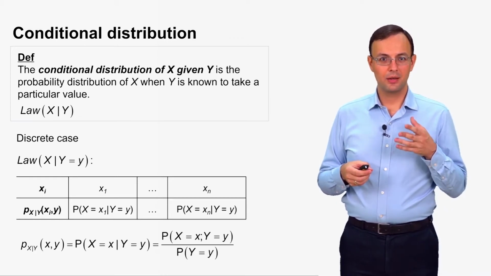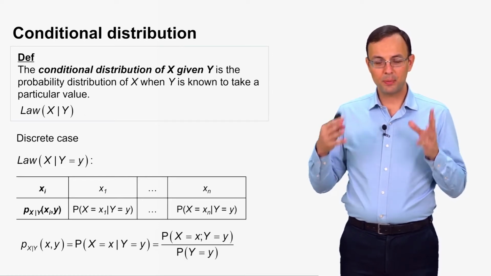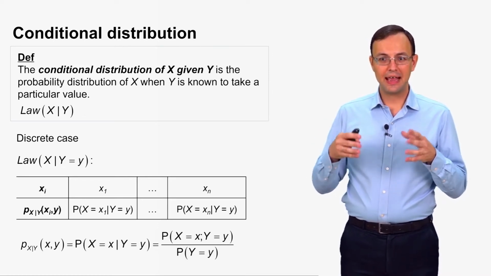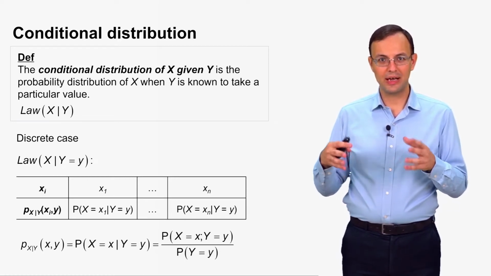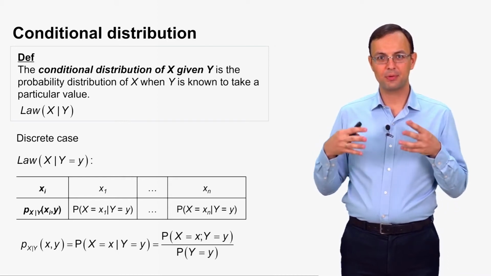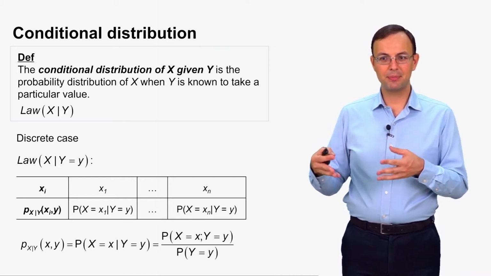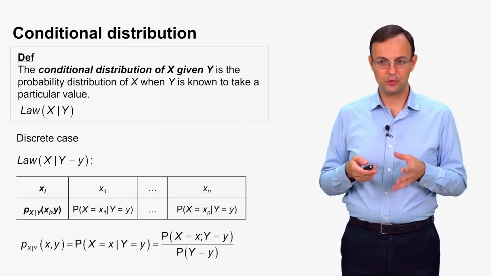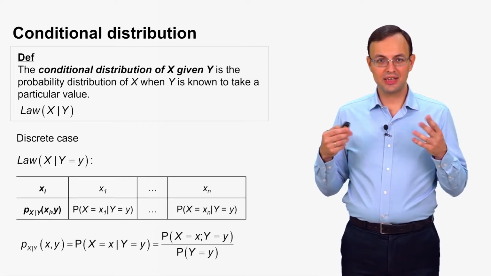So this conditional probability is the probability that x is equal to small x and y is equal to small y at the same time. So what we see in the numerator is the probability of the intersection divided by the probability that y is equal to small y. So that is how this table can be filled.